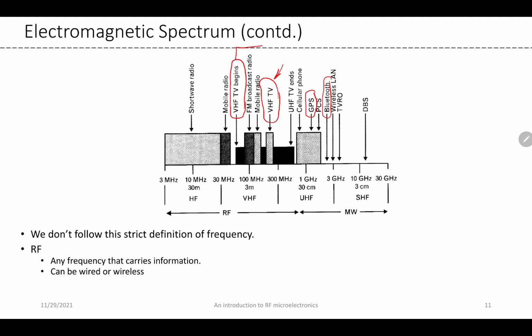So it starts from this frequency and ends at this frequency, although this happens over wired media, there is also frequency assigned to it. Then FM is assigned a certain frequency. Mobile radios, GSM signals, they're assigned approximately 900 megahertz.